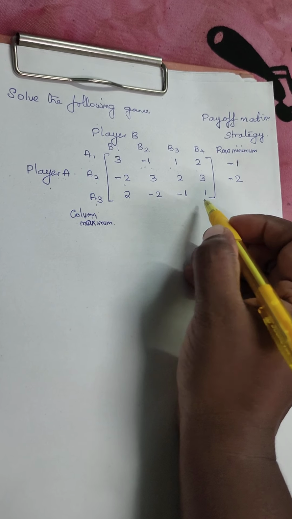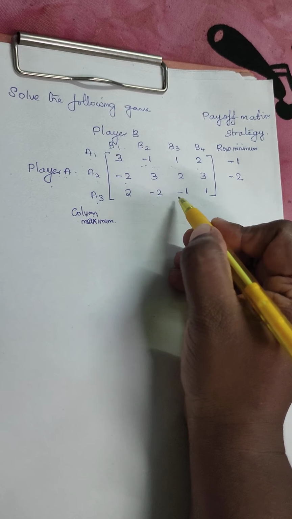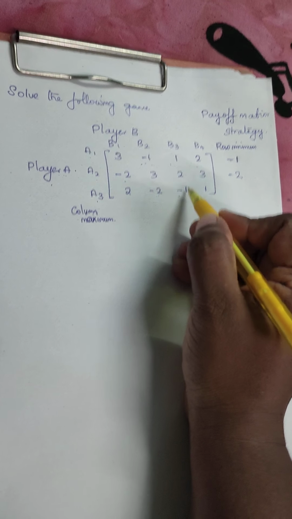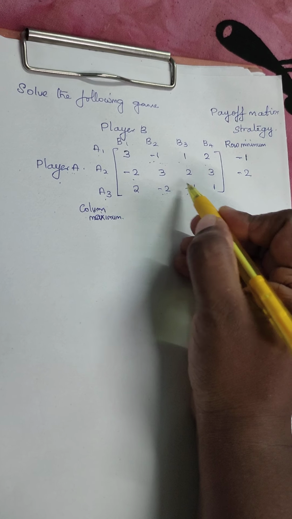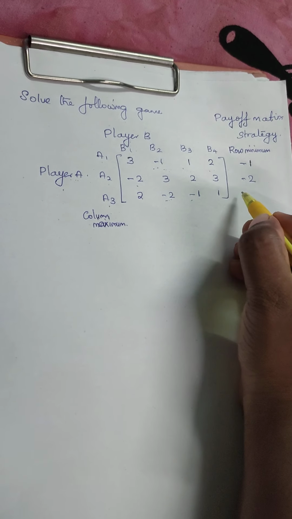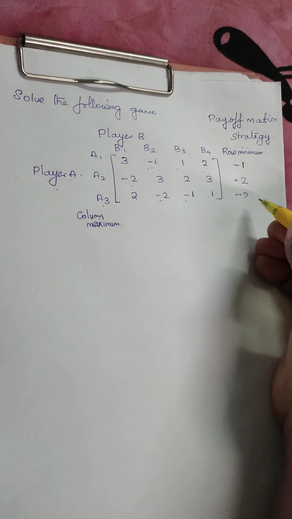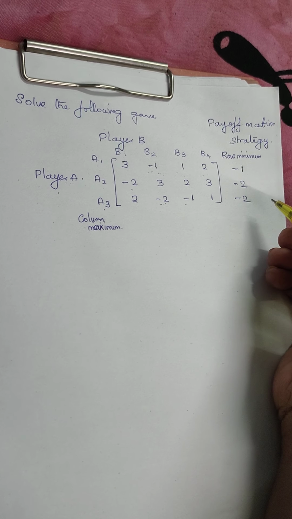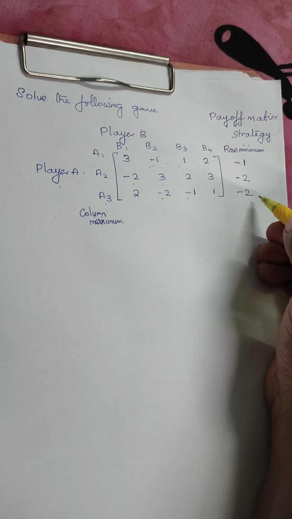In the third row, some of you will be confused. There are two negatives, minus 2 and minus 1. So you will be like, minus 1 is the minimum. No, wrong. Minus 2 is the more negative value, so minus 2 is the minimum.